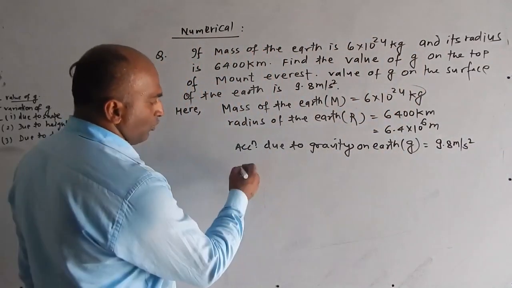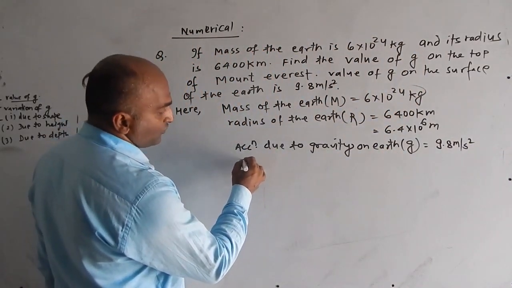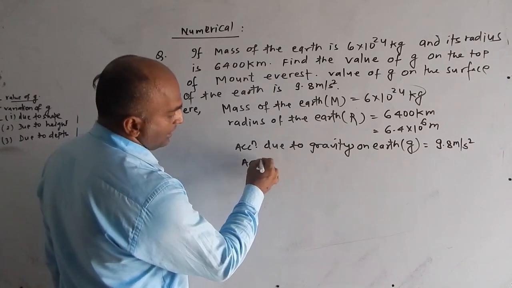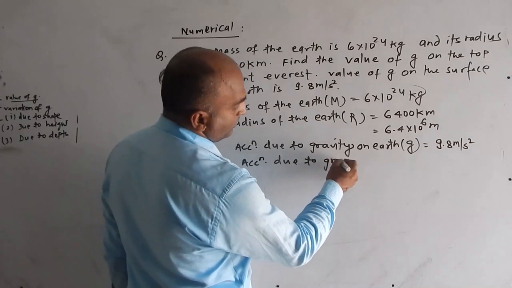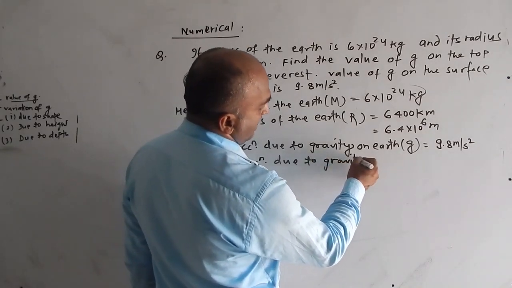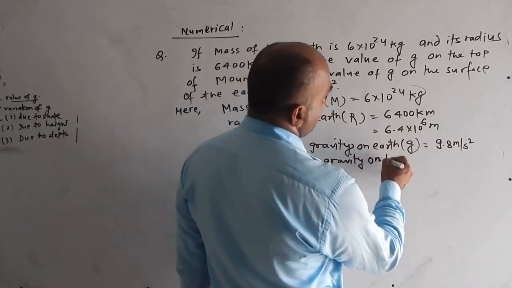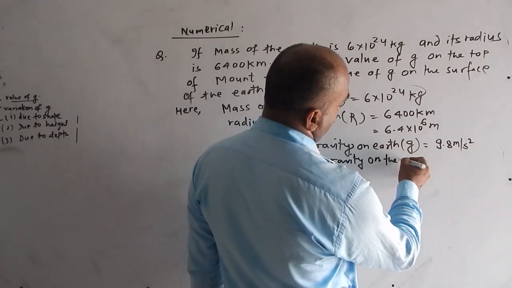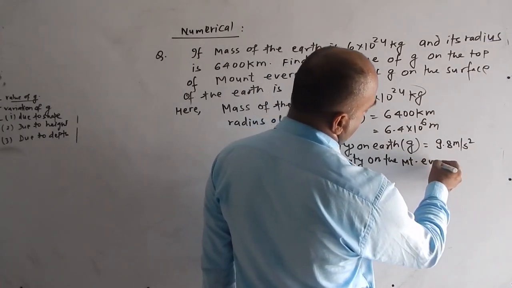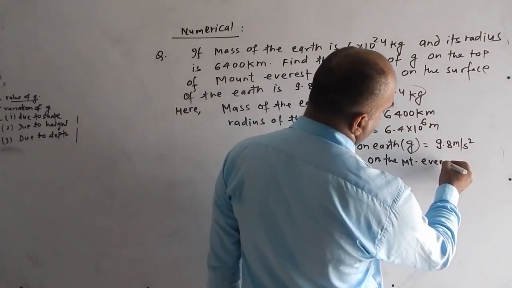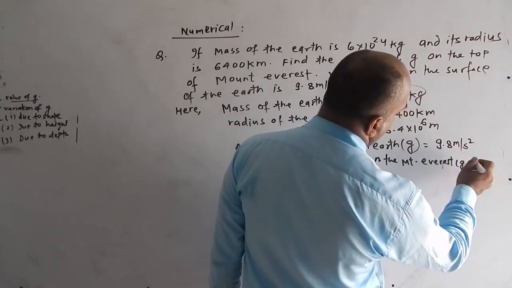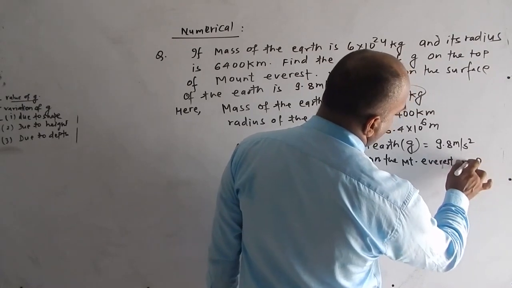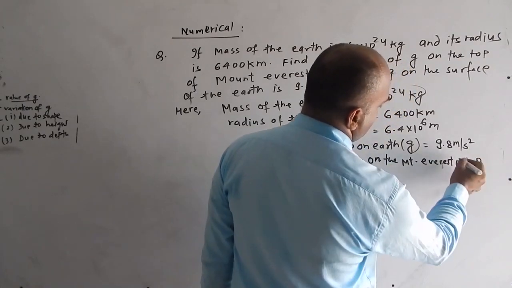And we have to calculate the value of acceleration due to gravity on Mount Everest. This is g prime, and it is equal to what? g prime is equal to what?